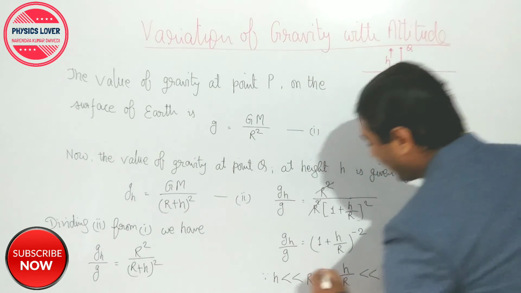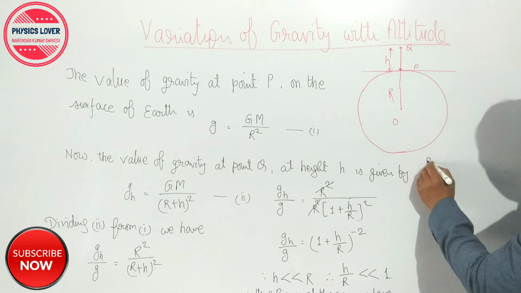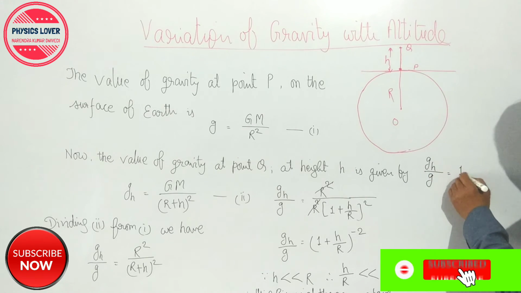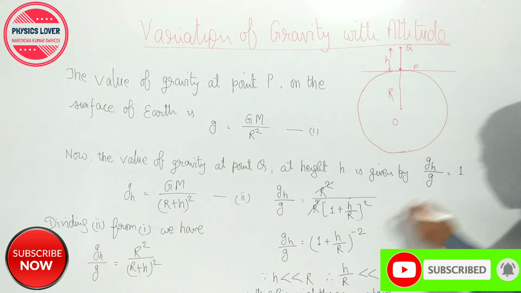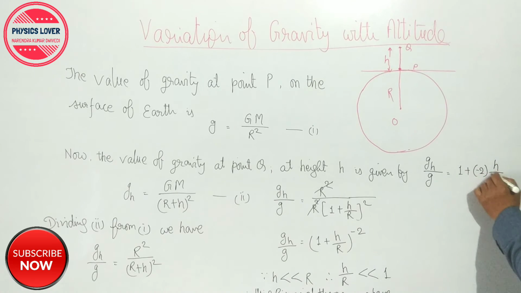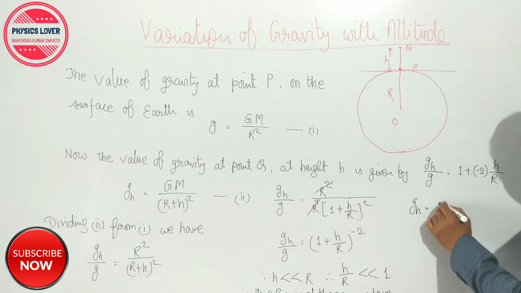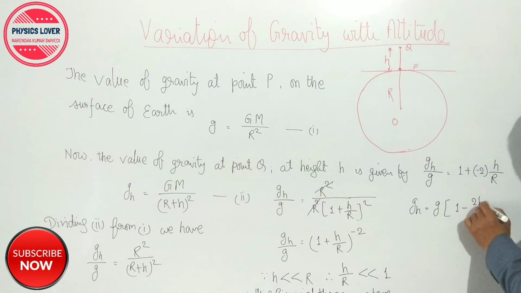Therefore, using the binomial theorem, we have g_h upon g as equal to 1, and now this minus 2 multiplies the second term H by R. So g_h is just equal to g multiplied by 1 minus 2H by R.